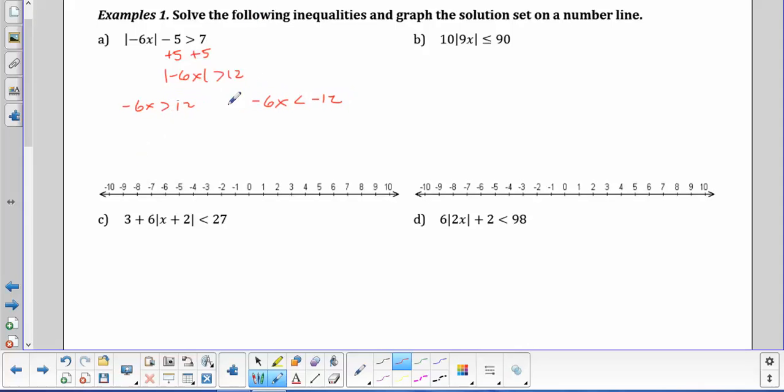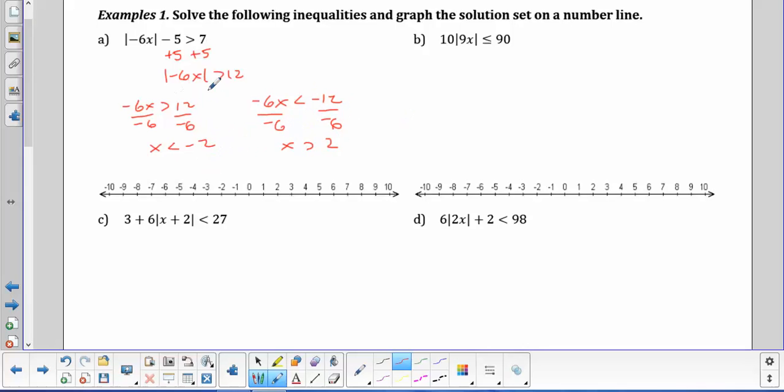So, same, reverse the sign, change the value, and once we do that, we're good to go. So -6x is greater than 12, divided by -6. The same rules apply as with every inequality. If you're going to divide by a negative, you still have to flip the sign. So even though we're doing absolute value inequalities, that doesn't go away. Okay, so this needs to be flipped since we divided by the -6. The same thing's going to happen over here. Divide by -6, flip this guy back around, and we get the following. X is less than -2, or x is greater than 2, and it's finished.